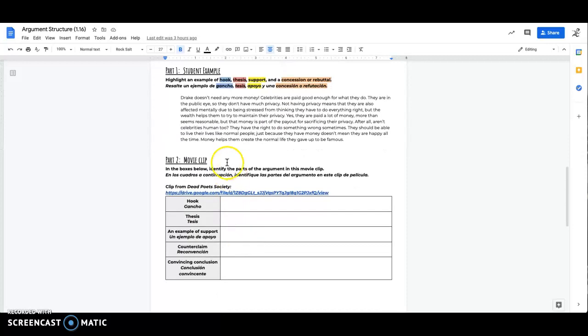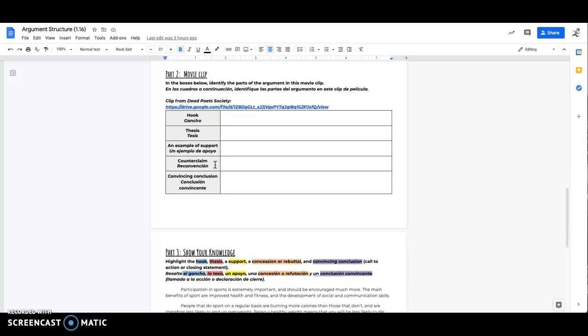So the next step is to look at this student example and do what you can to highlight hook, thesis, support, and concession. So look in there, do your best to find those 4 elements and highlight them in the corresponding colors. Next, you're going to watch this clip from the movie Dead Poets Society.